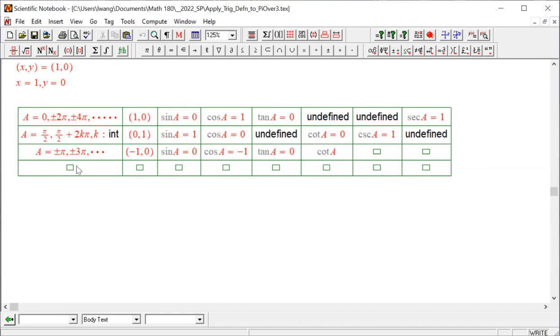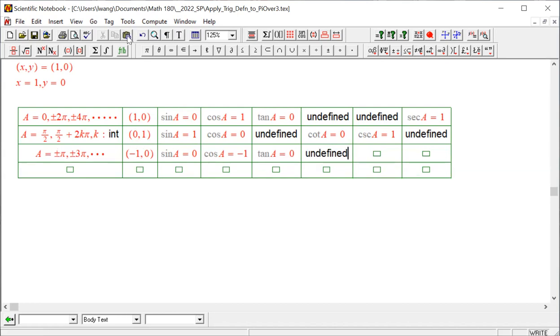Cotangent of one of these angles is going to be x over y. We get 0 in the denominator, so once again this is undefined, because we cannot have 0 in the denominator. Cosecant A is 1 over y.